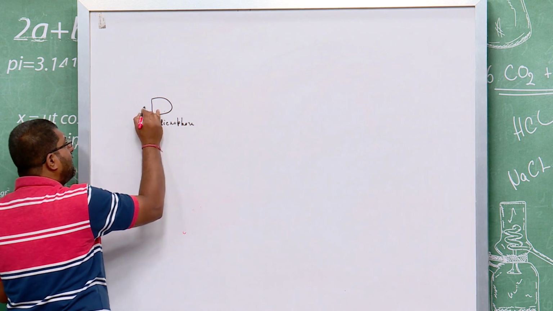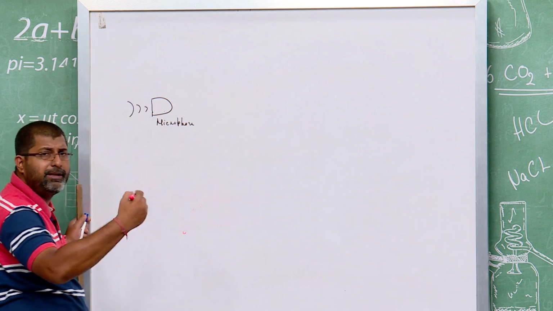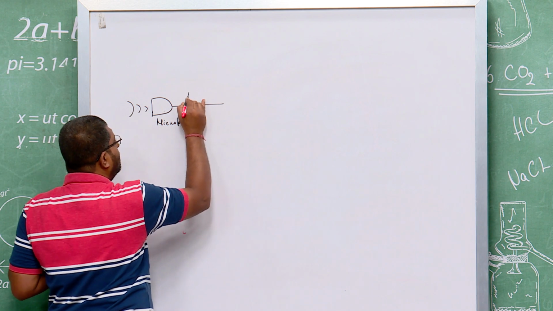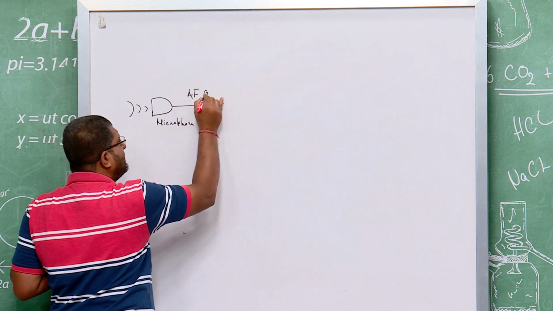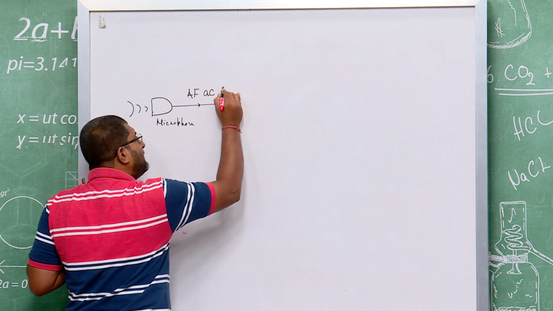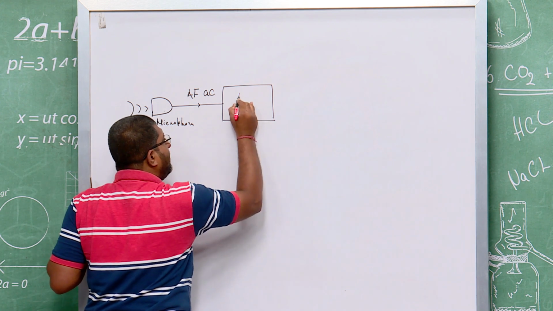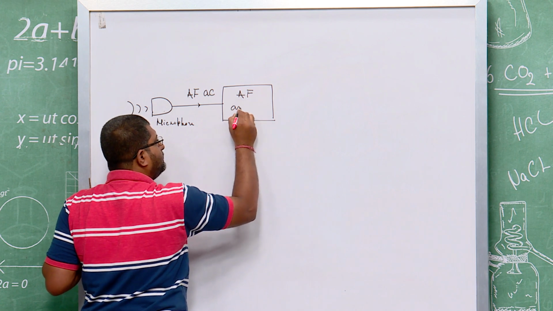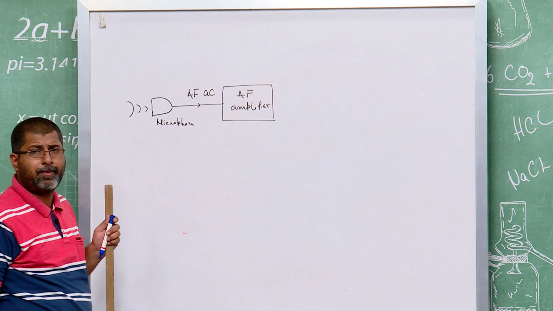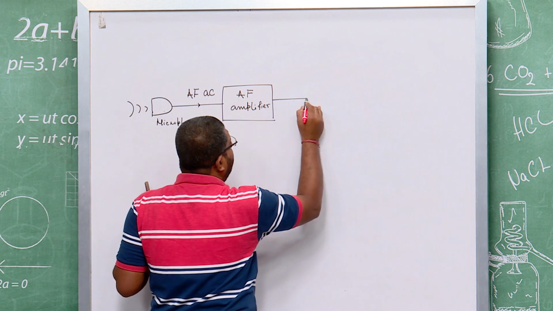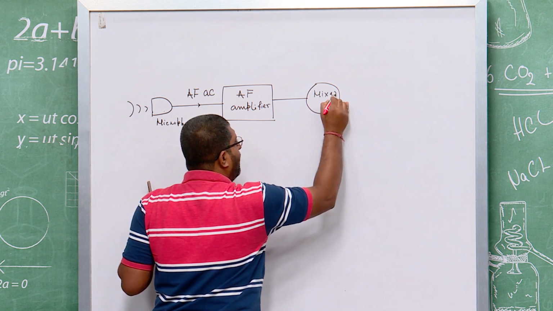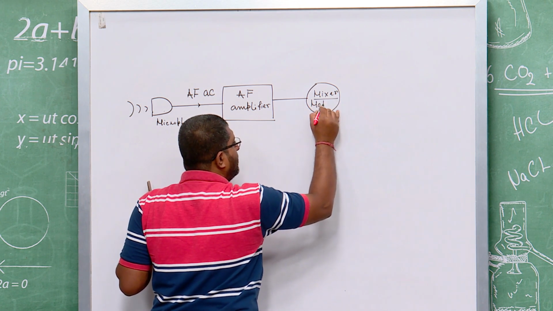When somebody speaks in front of the microphone or a video camera, it is converted into a corresponding audio frequency signal, or audio frequency AC. This audio frequency AC is now fed to an AF amplifier. This AF amplifier enhances the strength of the signal. This signal is now fed to a mixer or modulator.